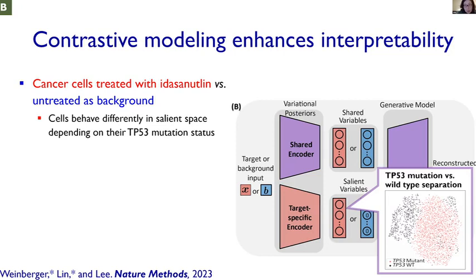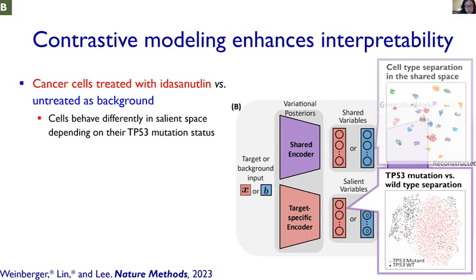And this was only possible because the shared space absorbs all this cell type specific nuisance signals. We won't see this if we use just the conventional methods, because cell type specific signals are biologically a more dominant signal compared to these treatment specific signals.